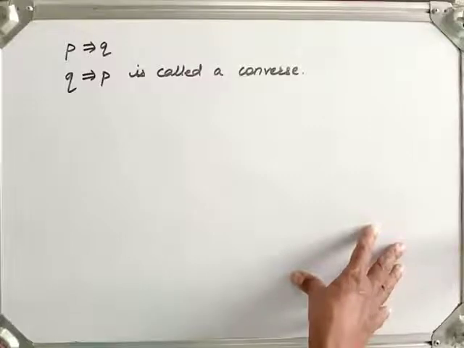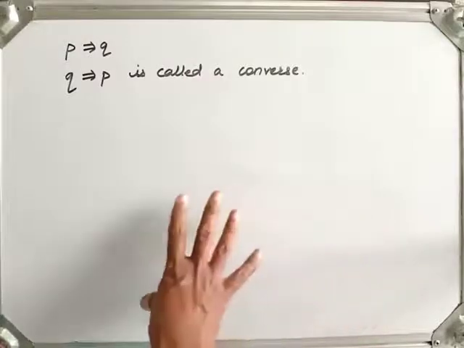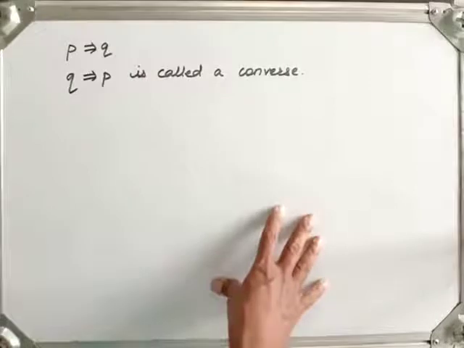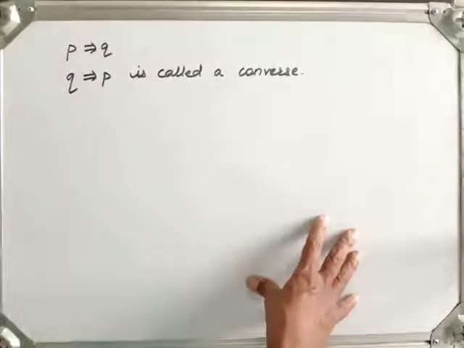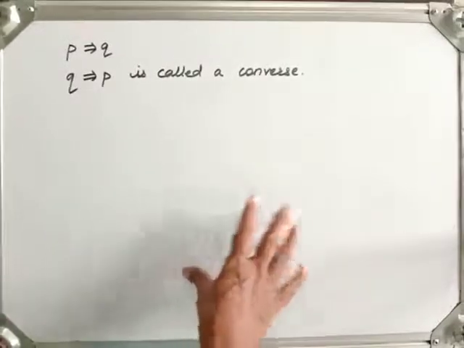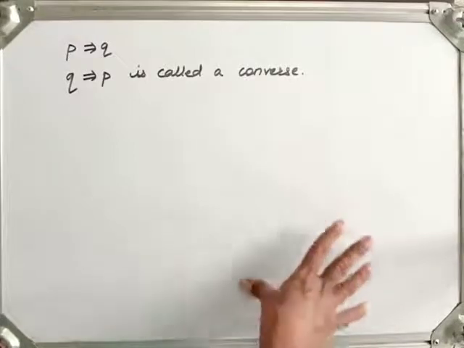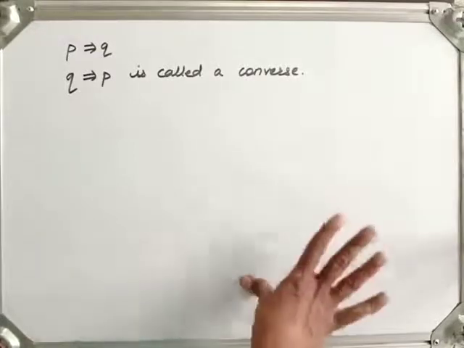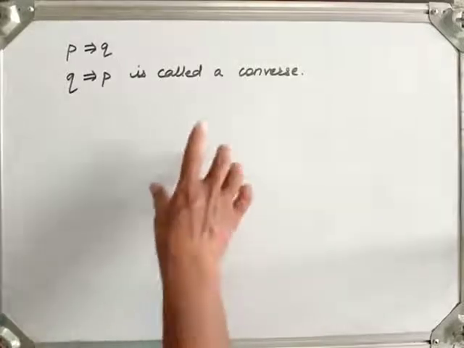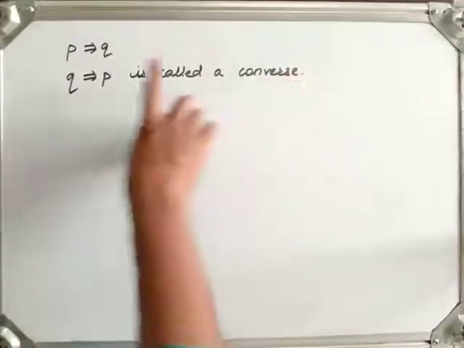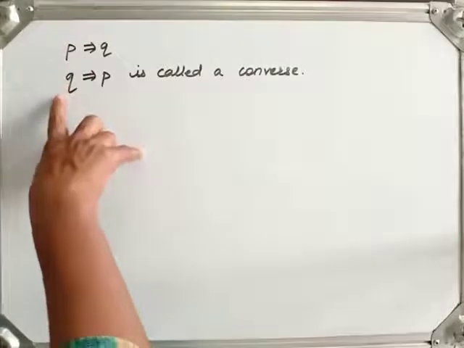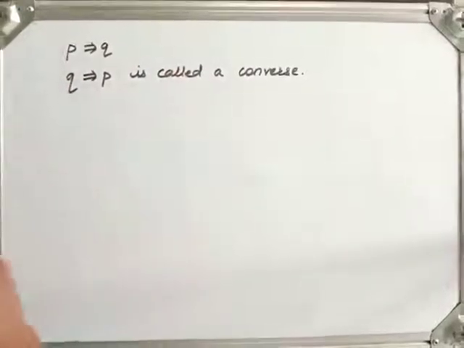Similarly, the converse statement can be written as: if the hypotenuse square is equal to the sum of squares of the other sides, then that triangle is a right angle at the common point of the other sides. Okay, so this is known as a converse. P implies Q, then Q implies P is called a converse.